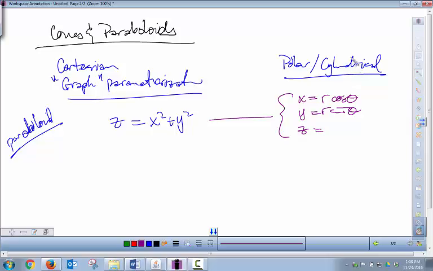Cylindrical takes into account the z coordinate, but we want to express things in two variables. Depending on what your limits are, you can have this polar coordinate go higher or lower. So that seems easy enough.